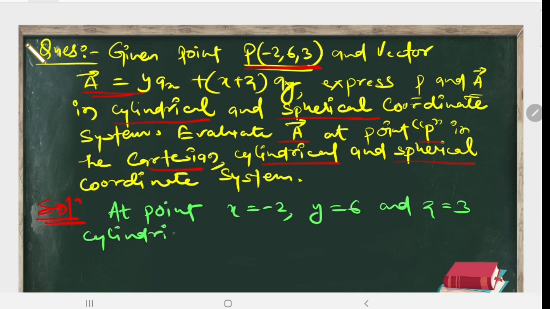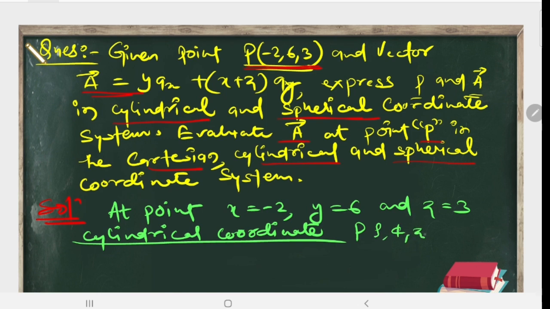First I will transform this point into cylindrical coordinates, in terms of rho, phi and z. So the z value remains constant. We have to calculate rho, the radius of the cylinder, and the azimuthal angle, with the help of the equations which I have derived.